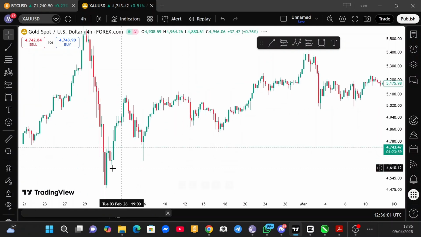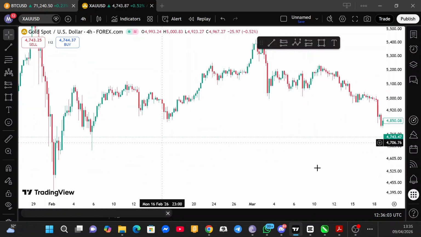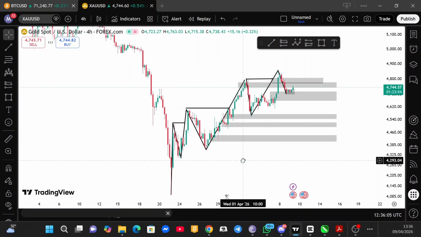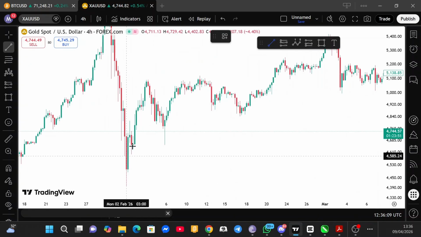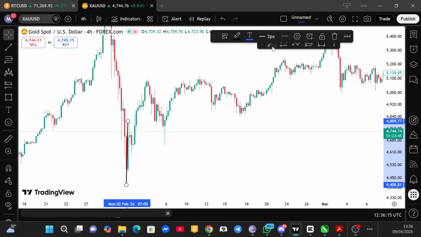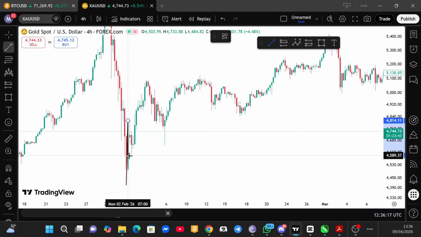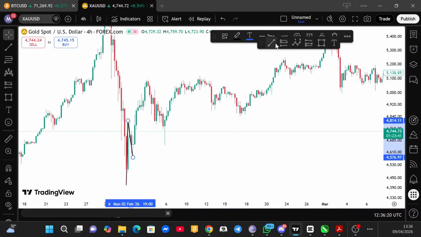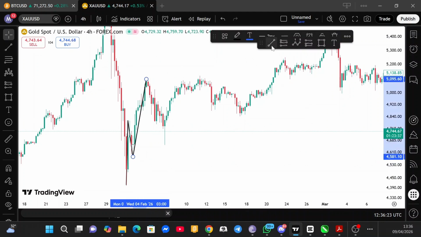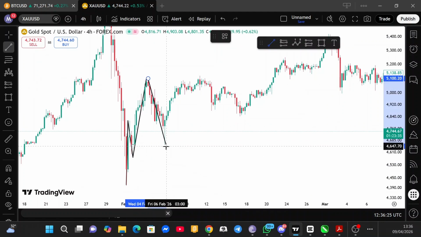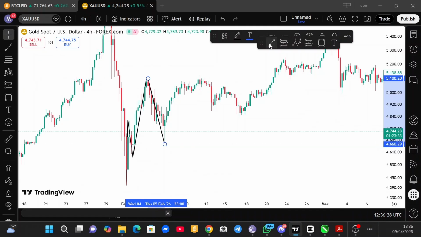You can see this is a bullish market. The market pulled down, was bearish down to this point, came down here and began to create higher highs and higher lows.